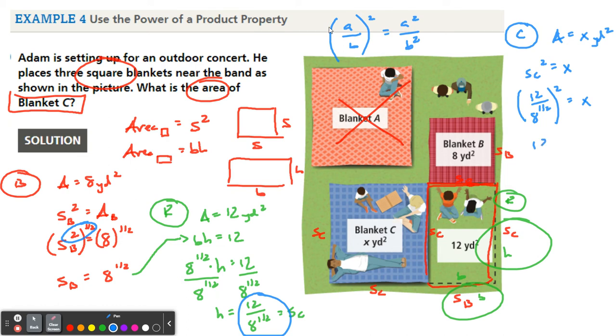So this is going to be 12 squared over 8 to the 1/2 squared.